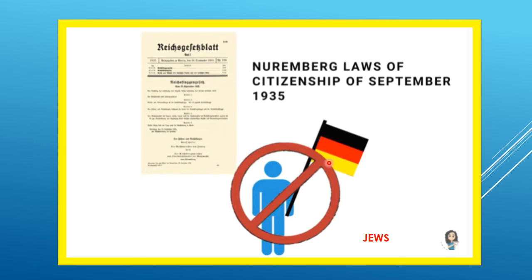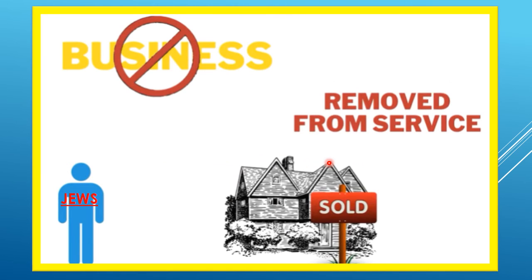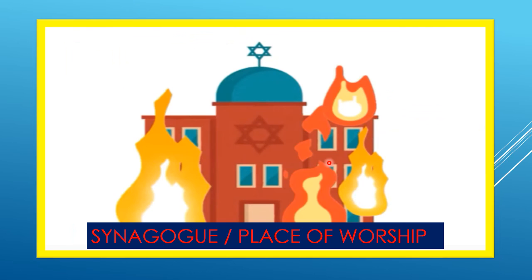The Jews were forbidden to fly the national German flag. There was a boycott of Jewish business. They were removed from government services. They were forced to sell their properties. At times their properties were looted and their houses were attacked. Even Jewish places of worship called synagogues were burnt.